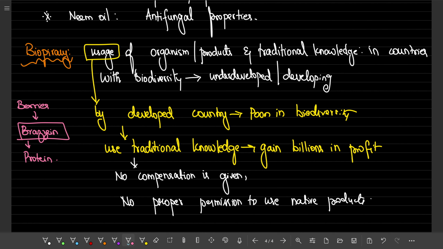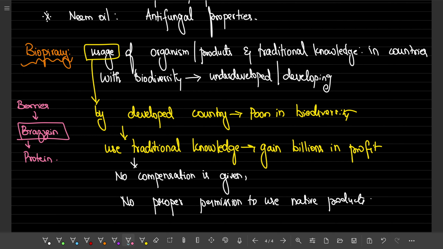This is a protein, not a carbohydrate. I think it's somewhere around 2000 times sweeter than the sucrose that we use. So what happened is an American company isolated the gene for this brazzein and introduced it into their corn kernels. Corn is the staple in the USA.